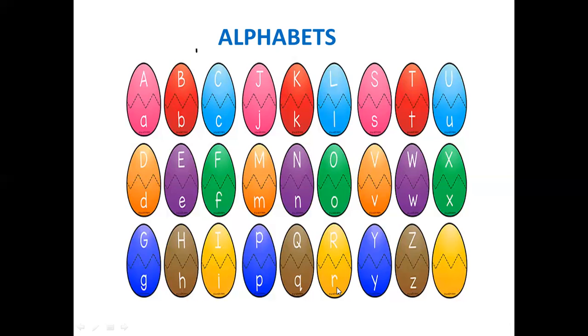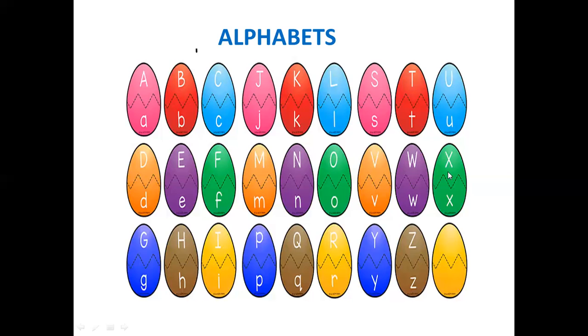All of you know how to write your lowercase as well as uppercase letters. S, small s. T, small t. U, small u. V, this one is small v. W, small w.